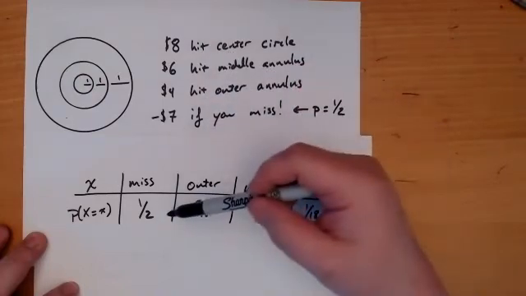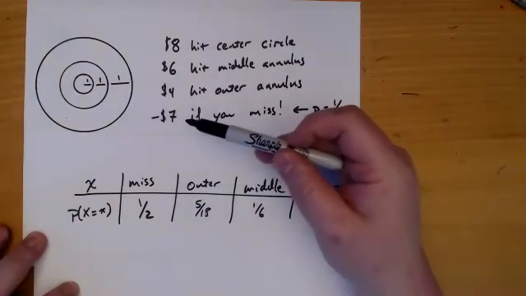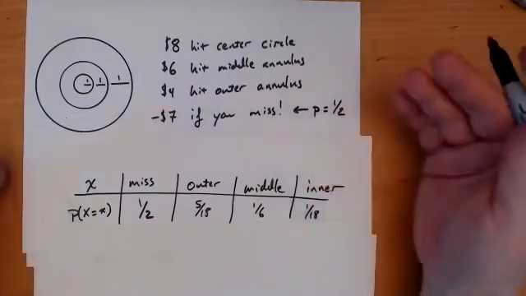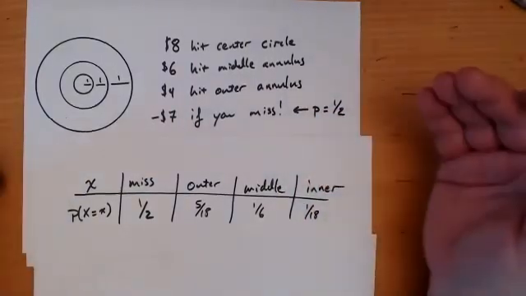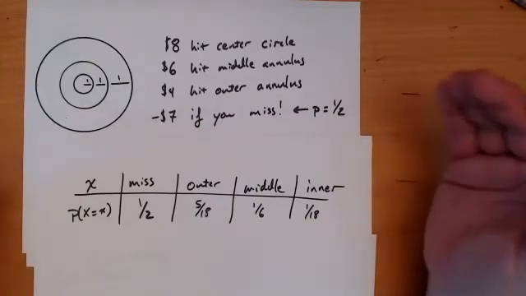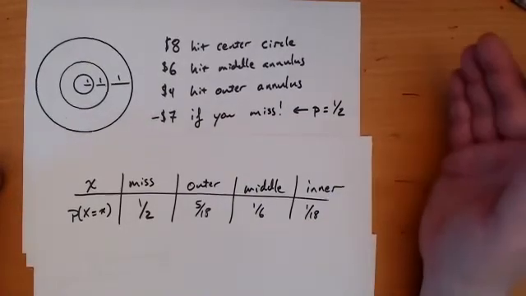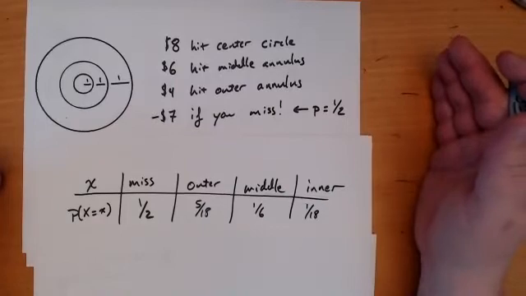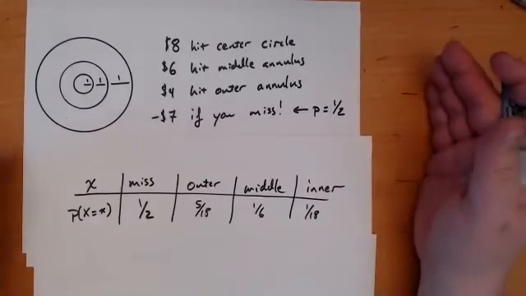So half of the time, you're going to lose $7. Okay? So if we were to look at this and say, on average, you will lose $3.50 every turn. You see?